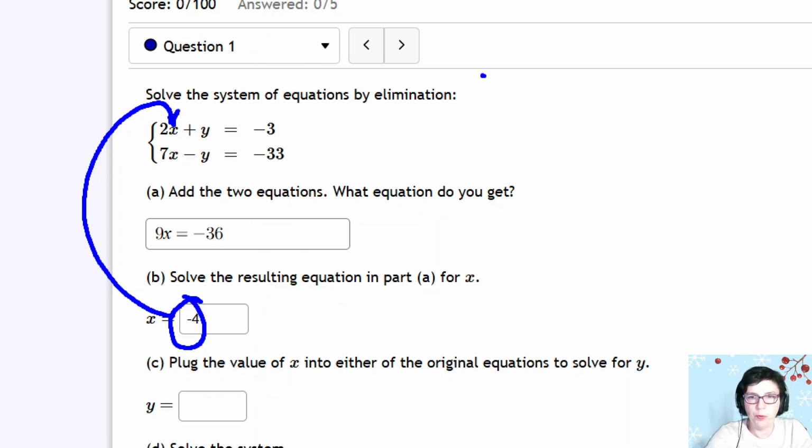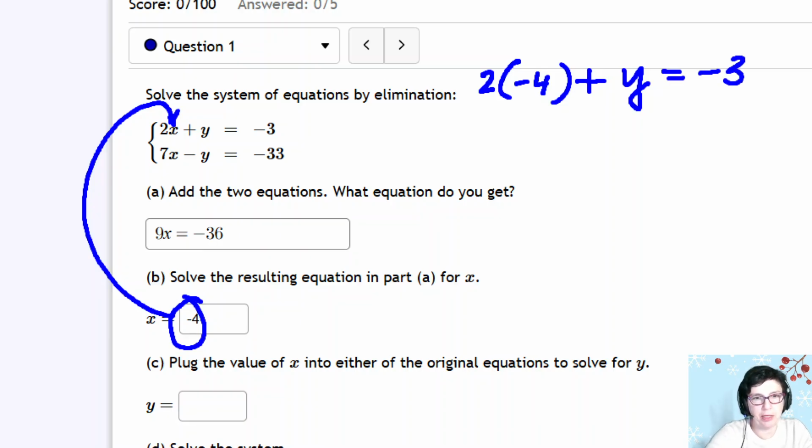So when we substitute a number for x, we're going to put it in parentheses, and remember, this is multiplication, plus y equals negative 3. So all I did is I replaced x with negative 4 in parentheses, okay? Now, what are the steps in solving this? So multiplication comes first. 2 times negative 4, that's negative 8, okay? Plus y equals negative 3, right?